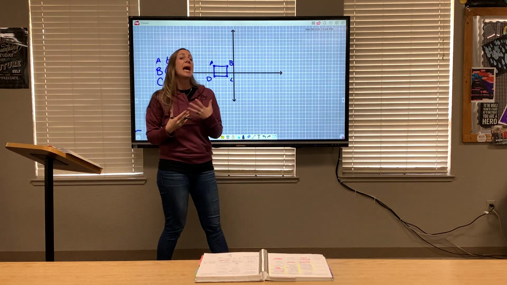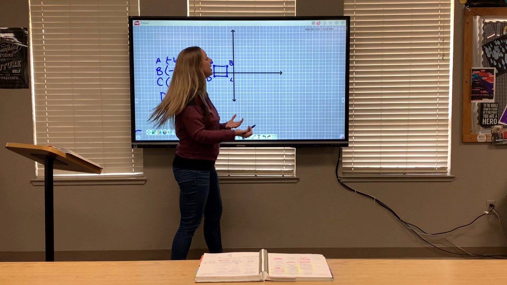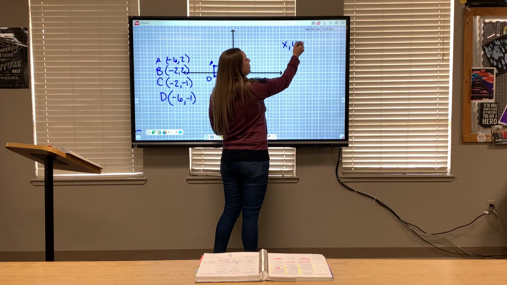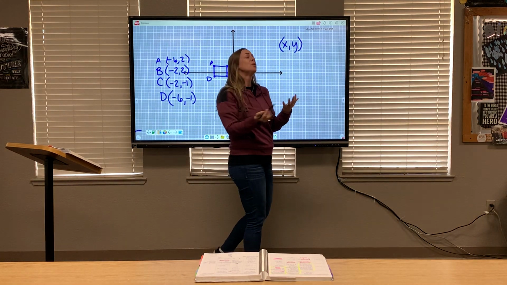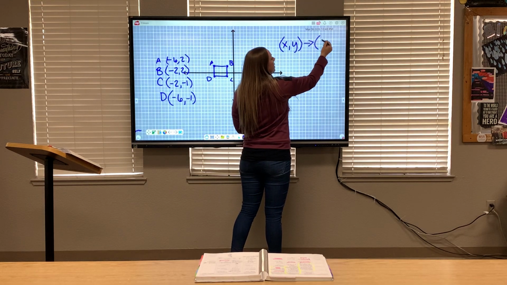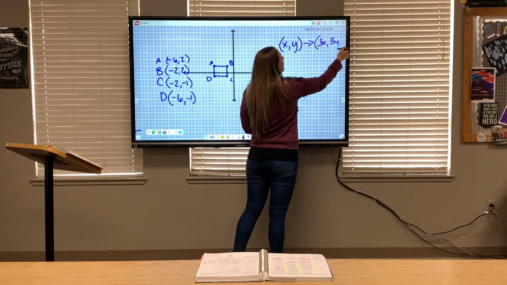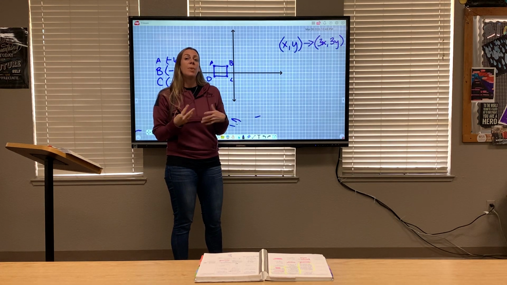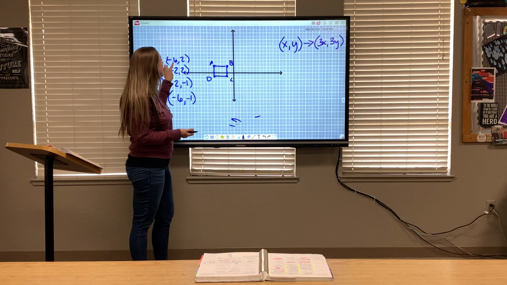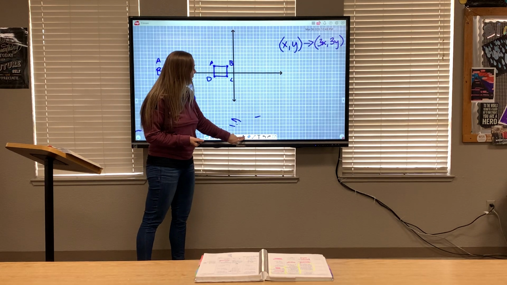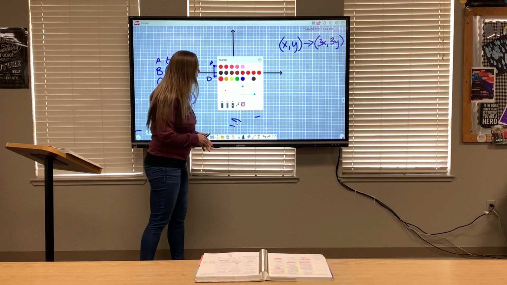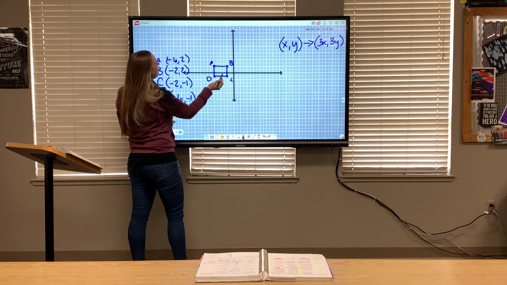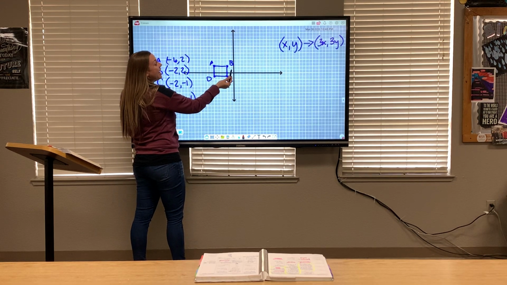So if I were to dilate this, I'm going to use the same dilation as what we used before, 3x, 3y. That means I'm going to multiply each of those points by 3. So this -6 times 3 would be a -18.